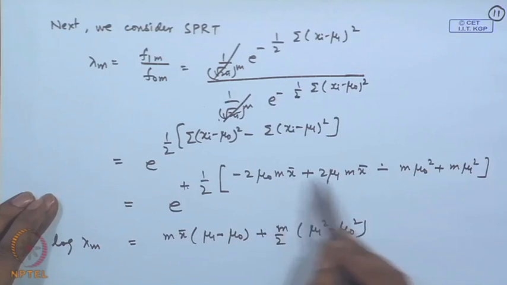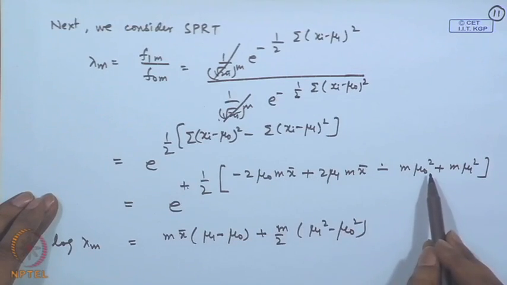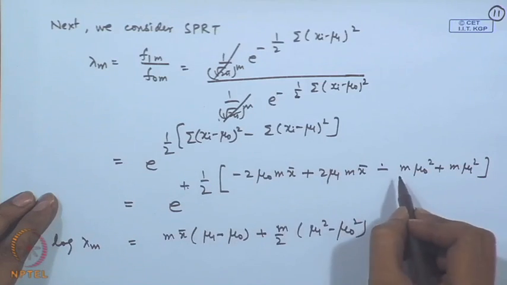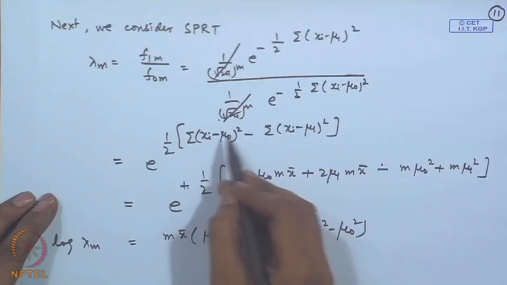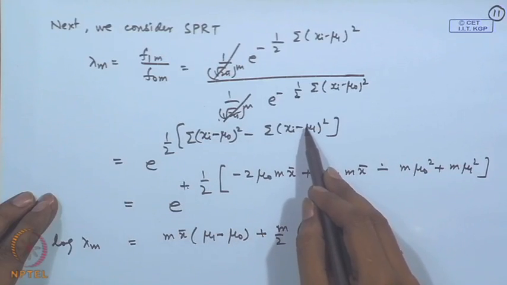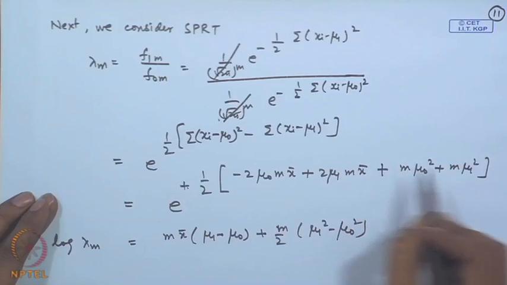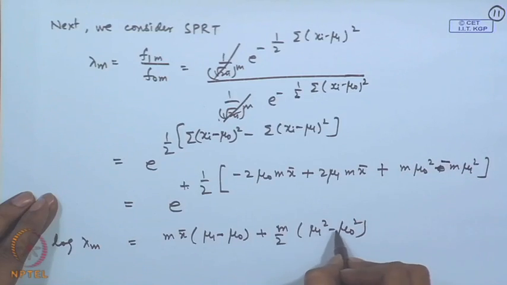There was mu 1 minus mu naught here, and here it will become minus. So this is a mistake here, minus here. So this will be square, this is plus here and this will be minus here. So this will be mu naught minus mu 1 square. Okay.